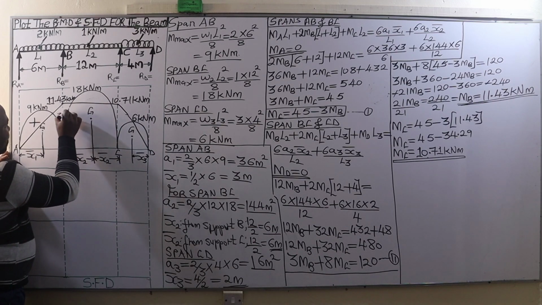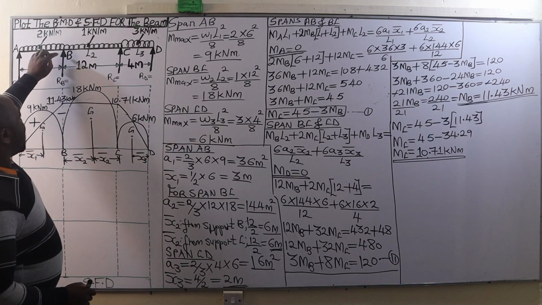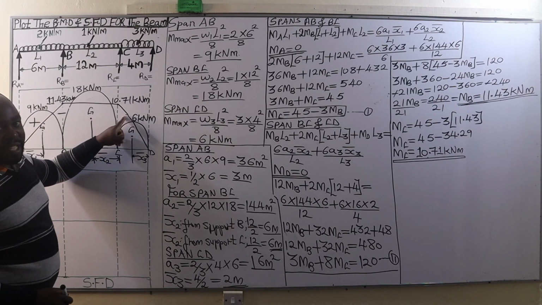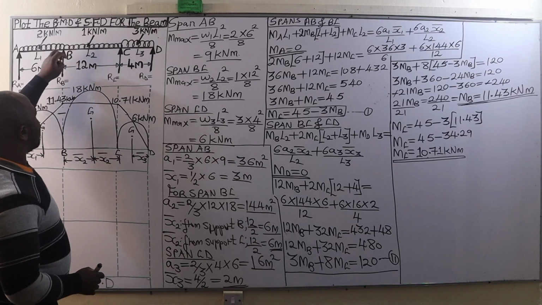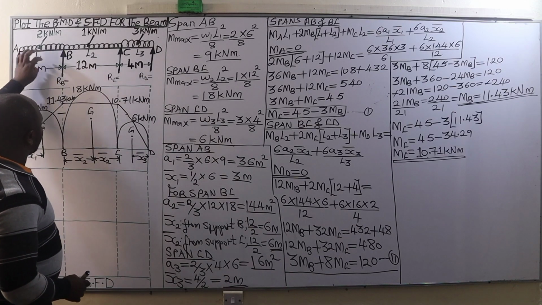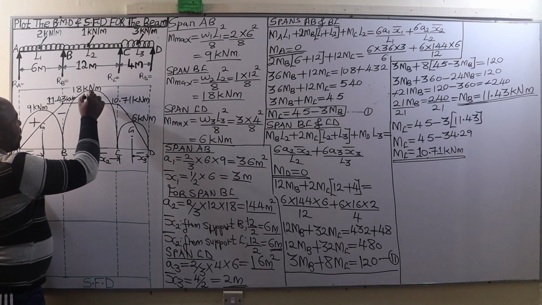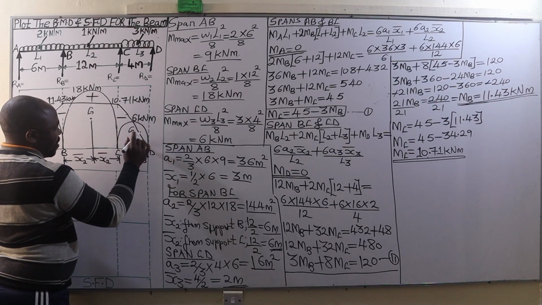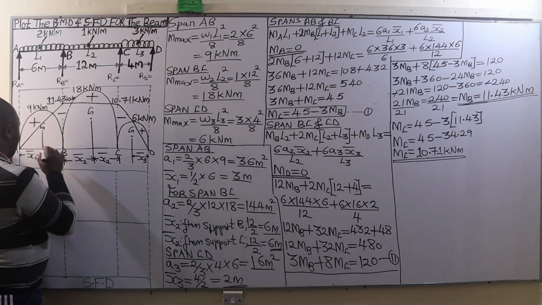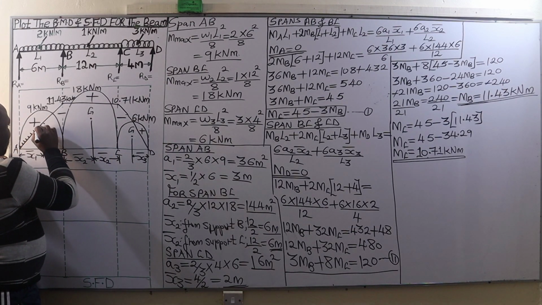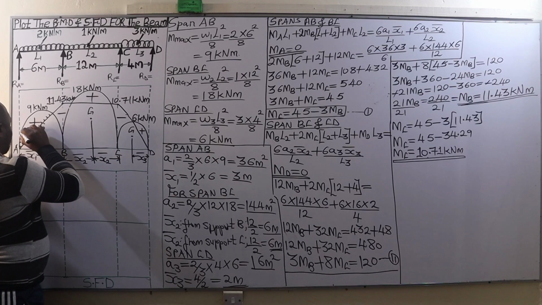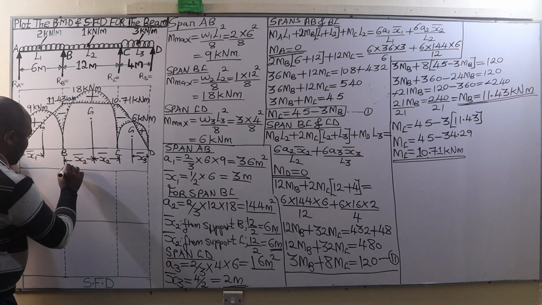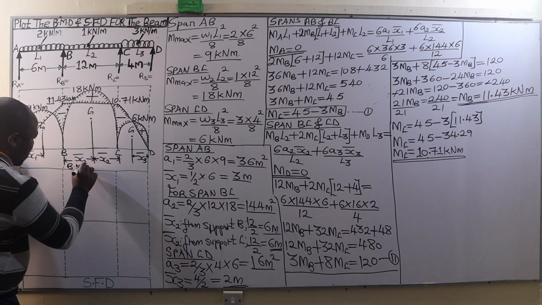This is a negative bending moment, because the bending moment at support B and support C are going to be negative, since that beam is going to be hogging when it bends and sagging when it bends between A and B. The bending moment here is positive, this bending moment is negative, whereas this one is positive. Then from there we can shade it off. So ladies and gentlemen, that is what we call a bending moment diagram.